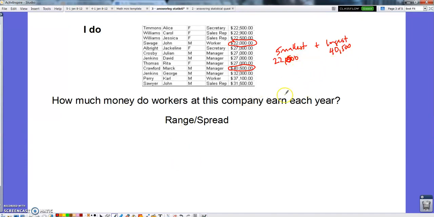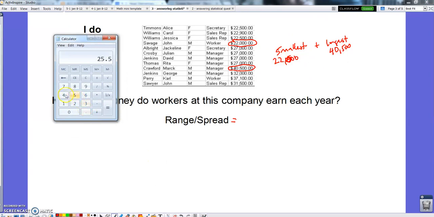So first I can just calculate it. I can say the range or the spread of salaries is the largest minus the smallest, the distance between this and this. So that is 40,500 minus 22,000, which is 18,500.